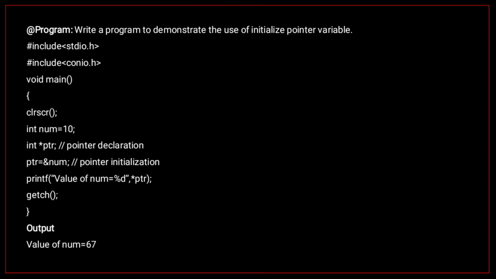So what will be the output? The value of num is 10. This is the output of this program. Okay, यहाँ पे गलती से 67 हुआ है, बट यहाँ पे num का वैल्यू जो रहेगा वो रहेगा 10.